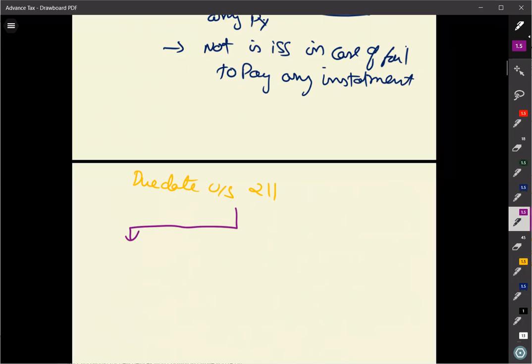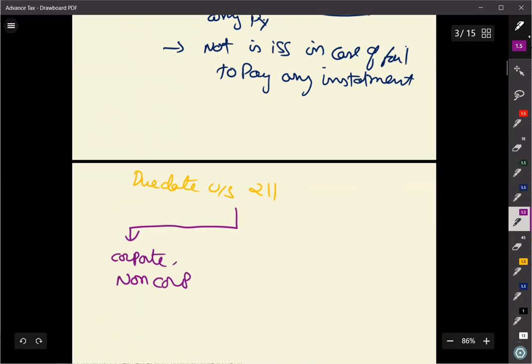advance tax due dates are for corporates and non-corporates. Corporates means company, and non-corporates means other than company.